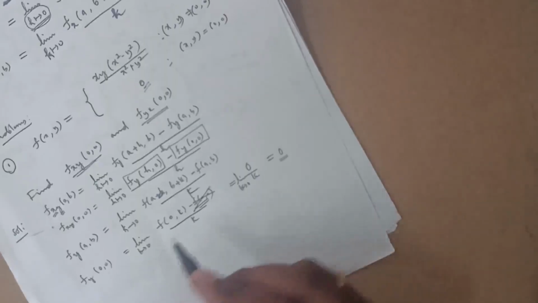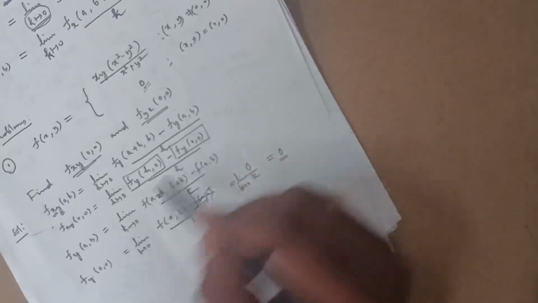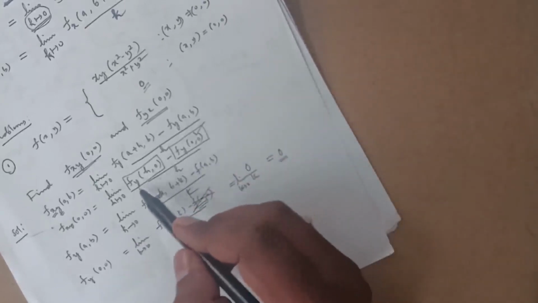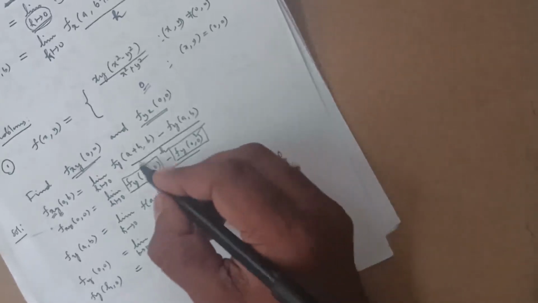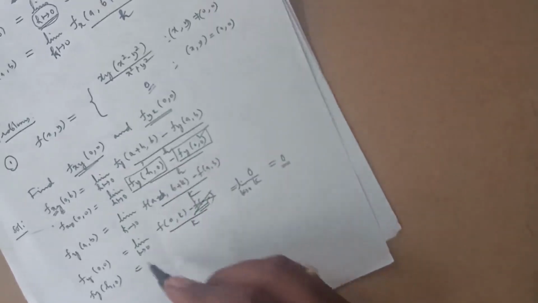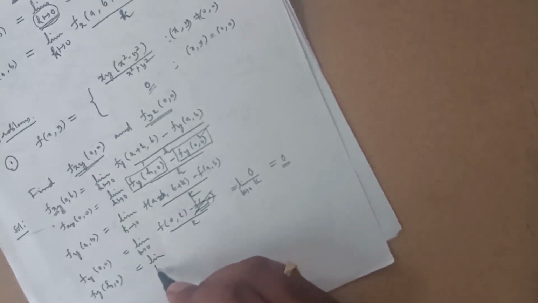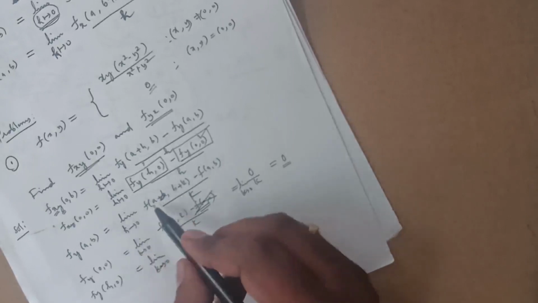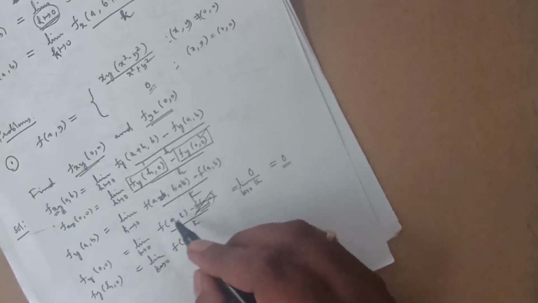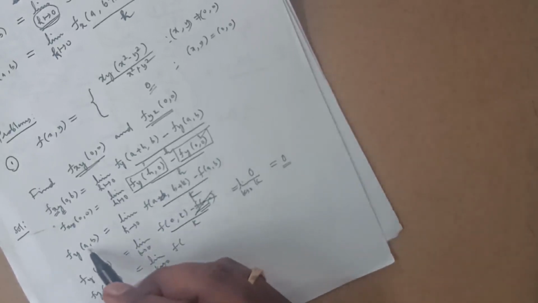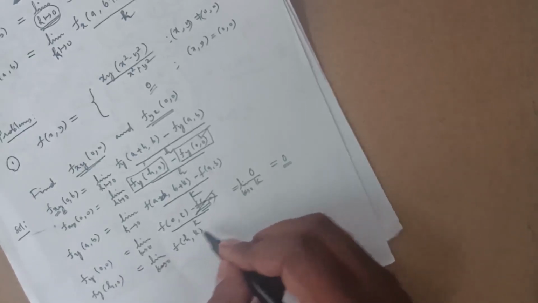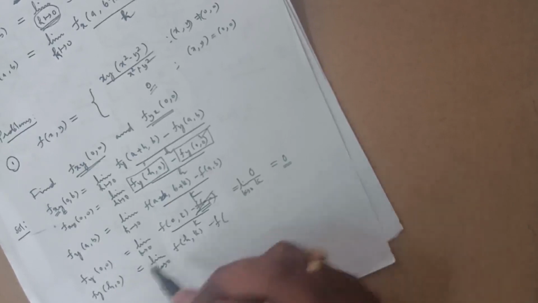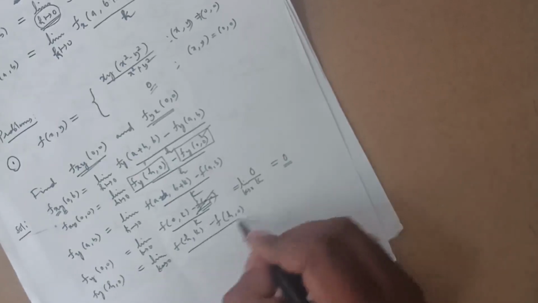After that, this is over, fy of 0 comma 0. What is fy of h comma 0? We need to find this. That is the limit as k tending to 0. Just plug in: in place of a you need to take h, in place of b you need to take 0. So it is f of h comma k minus f of h comma 0 by k.